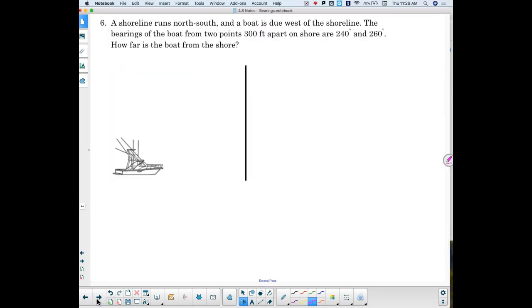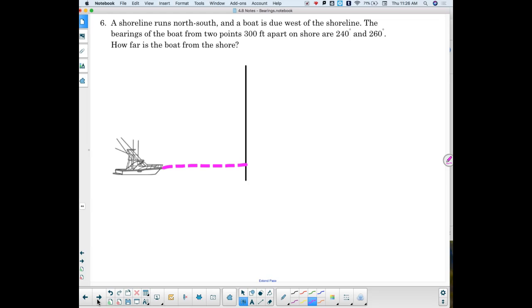Let's go through a shoreline running north and south. A shoreline runs north and south, and a boat is due west of the shoreline.